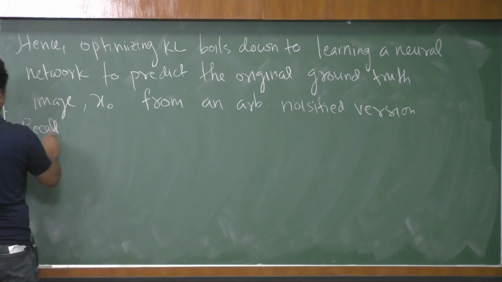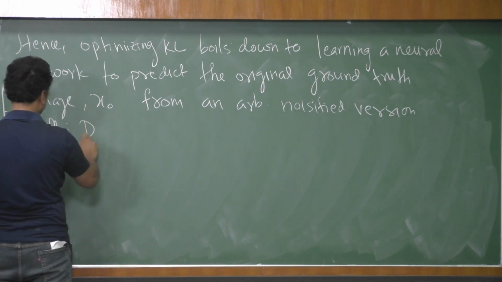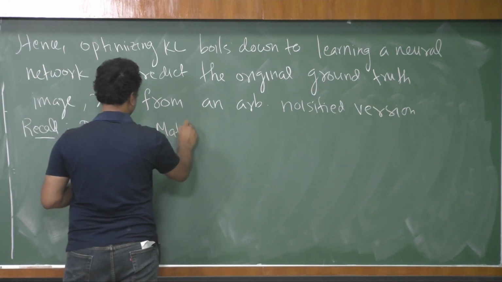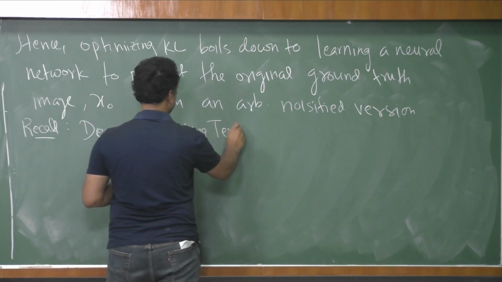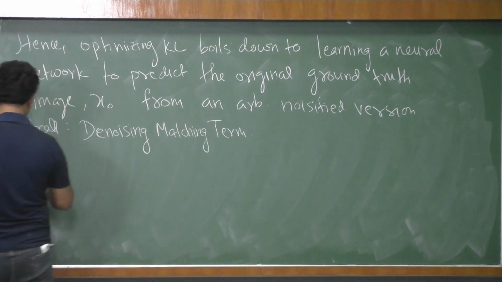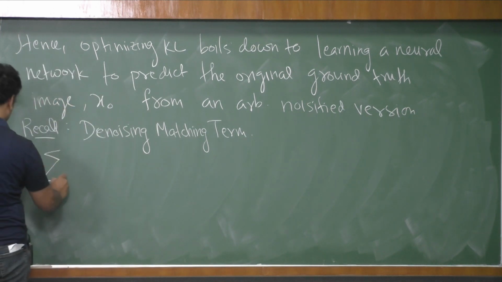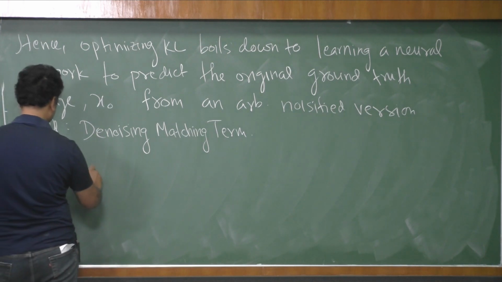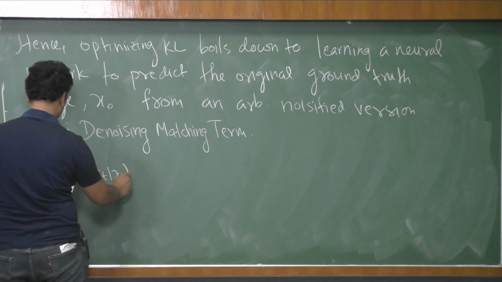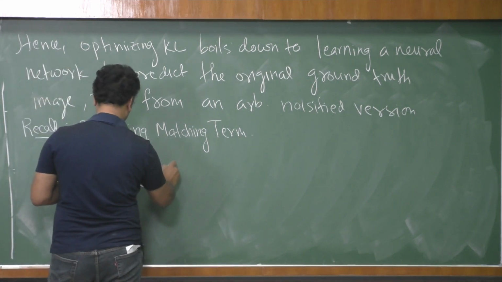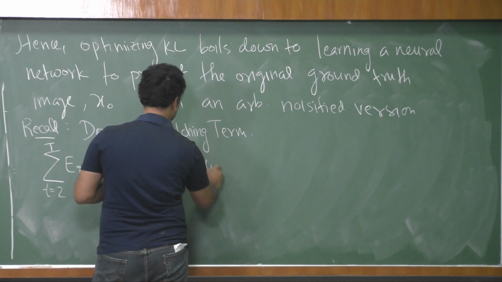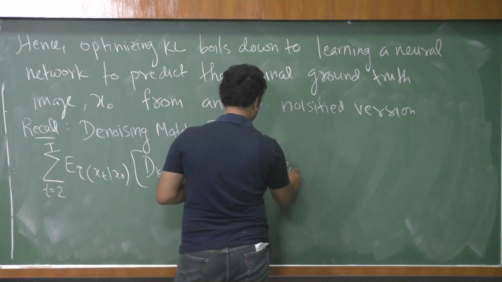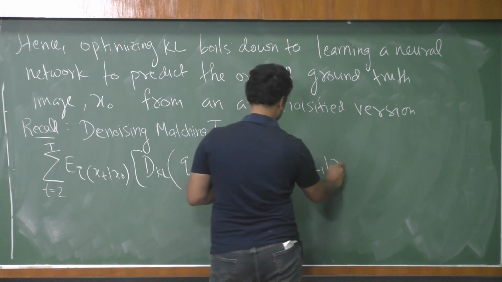Recall the denoising matching term: on the whole, this was the sum over t equals 2 to T of the expectation over q of xt given x naught, of the KL of q of xt minus 1 given xt and x naught, and p theta of xt minus 1 given xt.